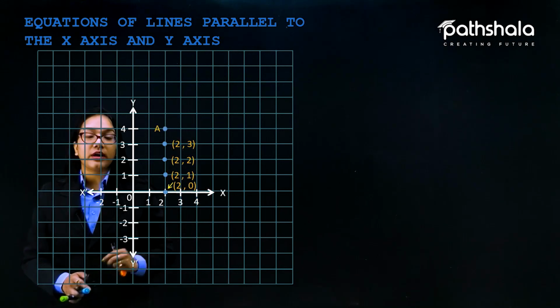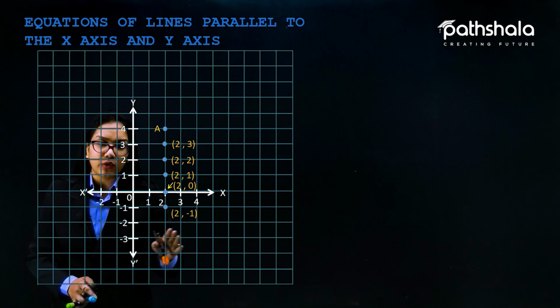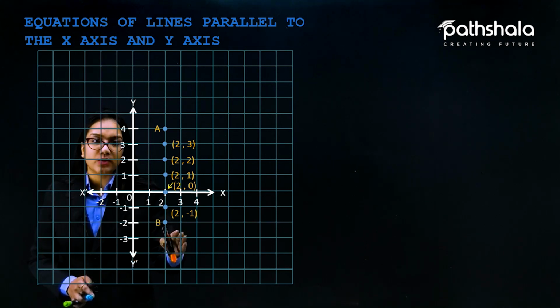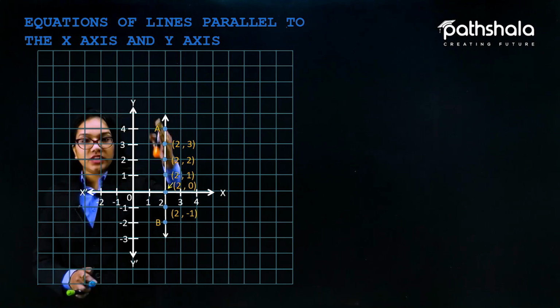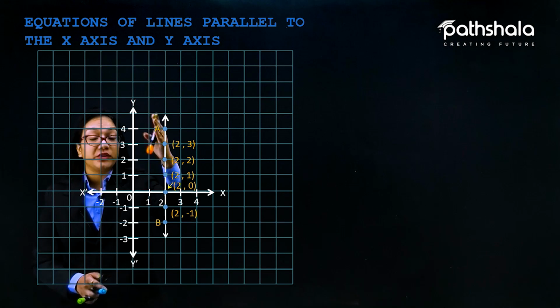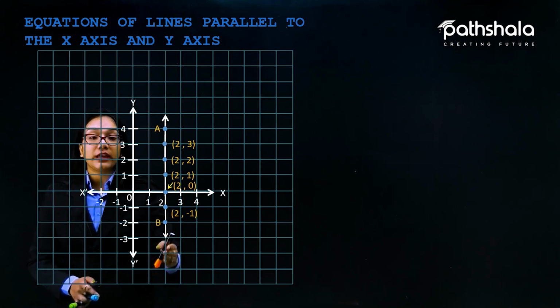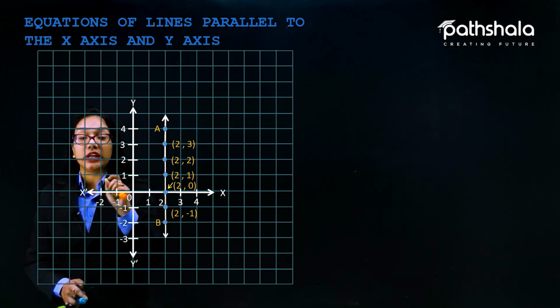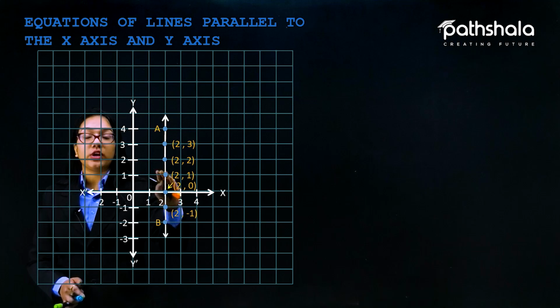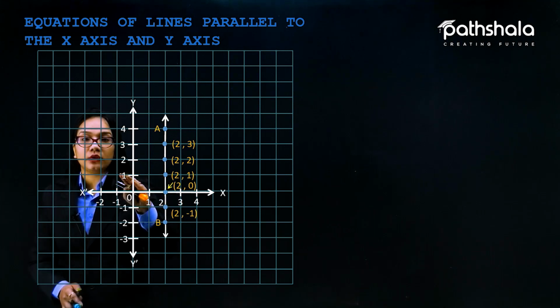And further, I can take any value, with x as 2 and y as -1. If I take all such points and join them together, I will get a straight line which is perpendicular to the x-axis, but most importantly, it is parallel to the y-axis.